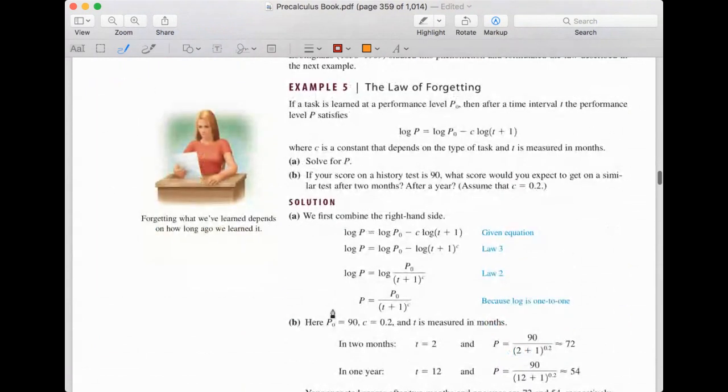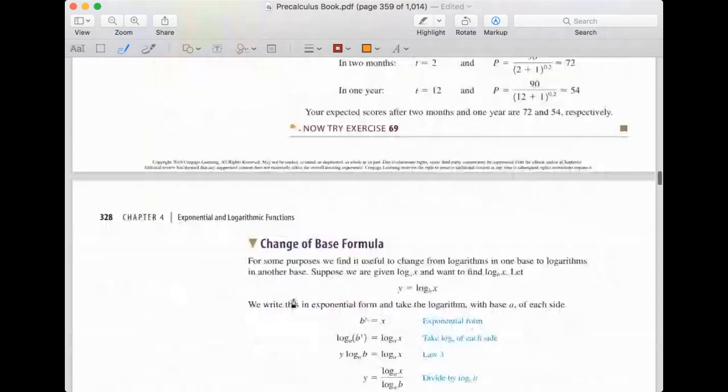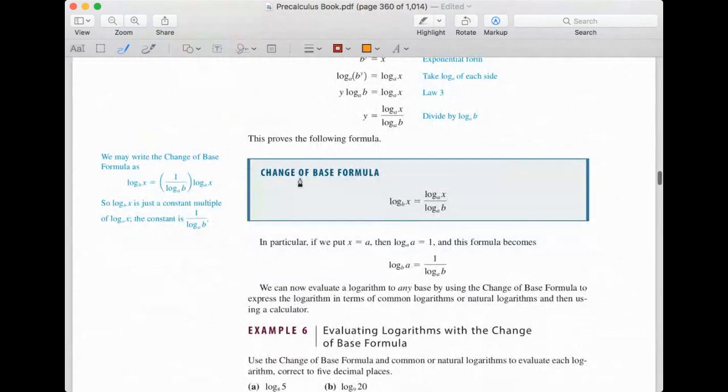Don't mind the law of forgetting. If a task is learned at a performance level P0, then after time t the performance satisfies P equals P0 minus C log of t plus 1, where C is a constant that depends on the type of task, and solve for P. No, let's not mind this law of forgetting. All right, let's mind the change of base formula. Can we?